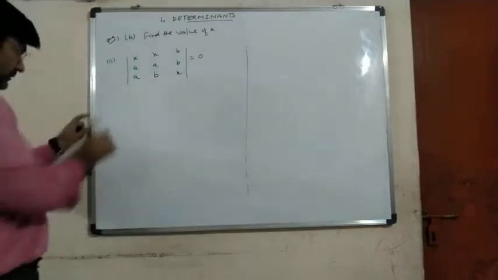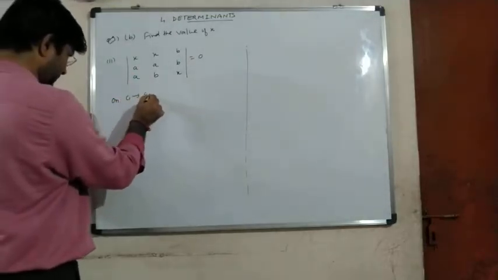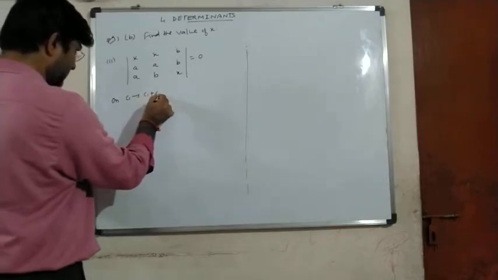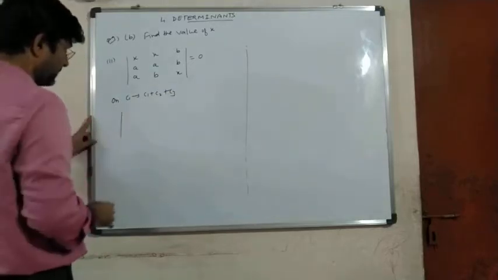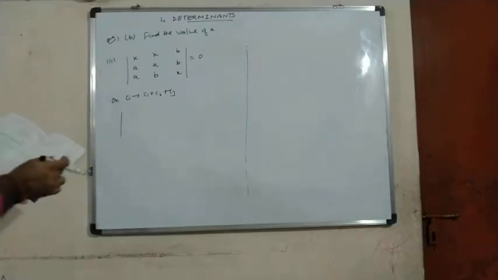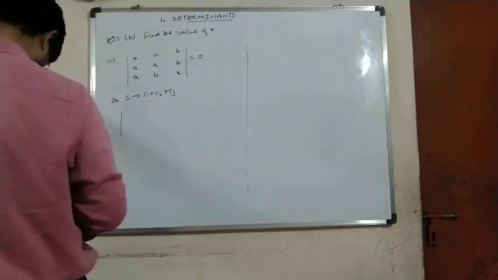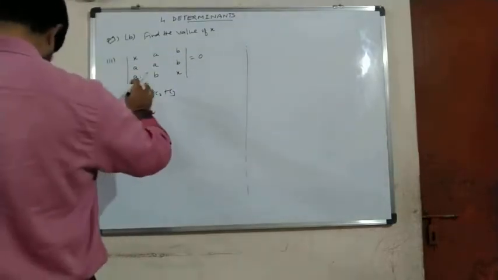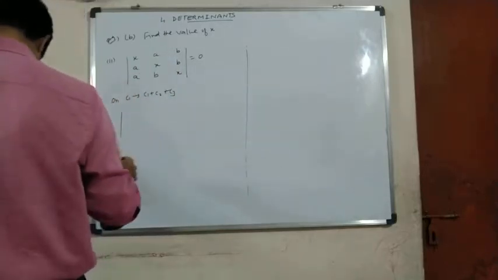Okay, now on C1 plus C2 plus C3, so we will get, okay, let me check whether it was XAB, this is XB, a lot of mistakes, and BX, okay, done.